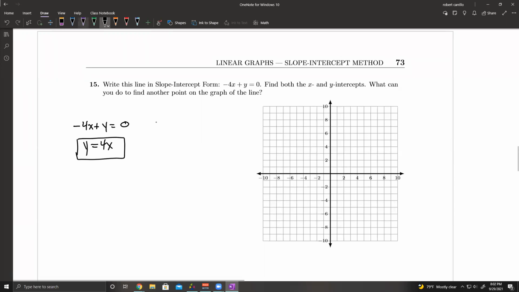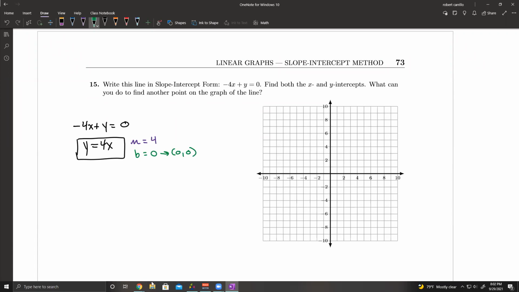Okay, well, based on this equation, what is my slope? 4. What is my y-intercept? Do you see a b value anywhere in there? No, so 0. Good. My y-intercept is 0, 0.